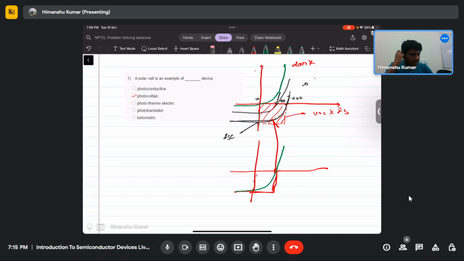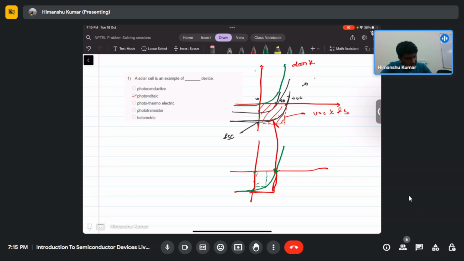So the current and voltage have a definite relationship within this operating region, when you operate between 0 to VOC bias voltage, or 0 to ISC current. Your operating point is one point on this curve, and the power is the multiplication of these two.